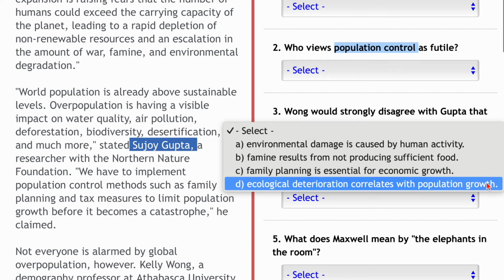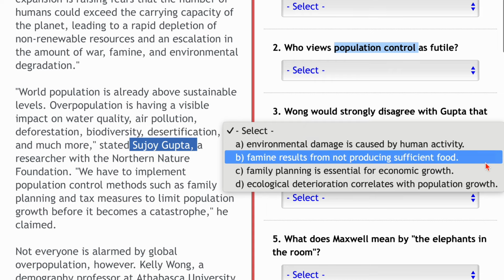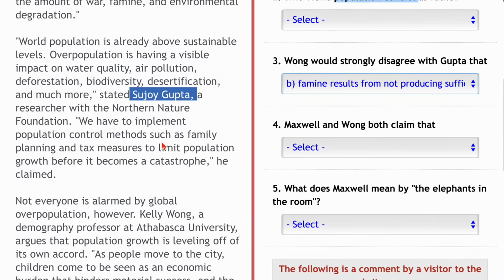Well, it's not B for sure. I saw here that Wong talked about famine, but it wasn't related to food production. And I didn't see Gupta talk that much about food production either. It talked about unsustainable levels.